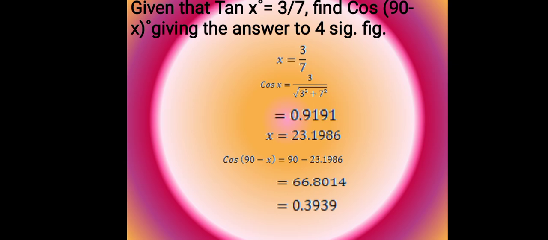Subtract it from 90, we get that 90 minus x is 66.8 degrees. Now get that cosine from the mathematical tables or scientific calculator. You get that cos of 90 minus x is 0.3939.